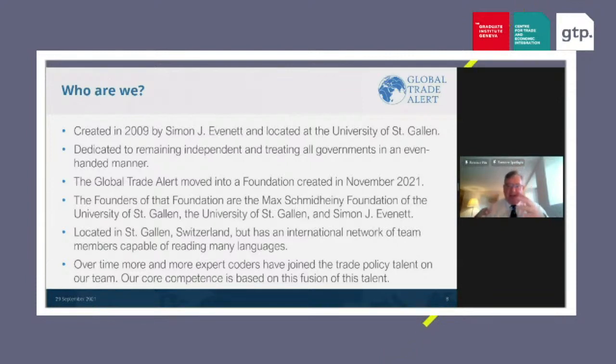And what we've done is to take that team of trade policy experts who can read many languages and combine it with coders who help us acquire and process information as well. And it's this combination of both trade policy expertise and coding, which I think stands us apart from other initiatives in this area. So this gives you a sense of who we are.